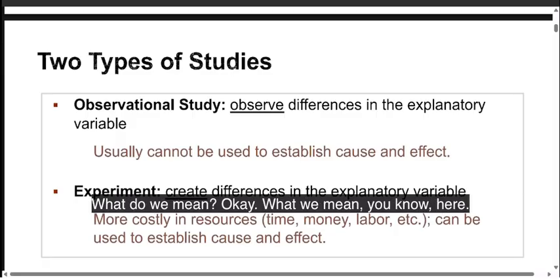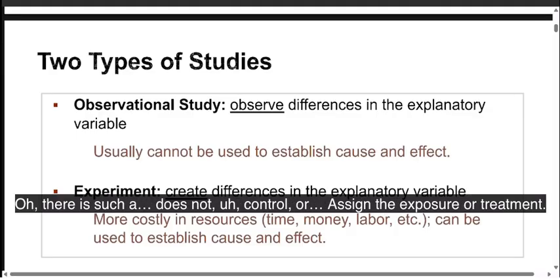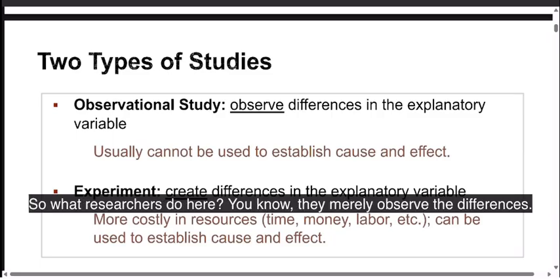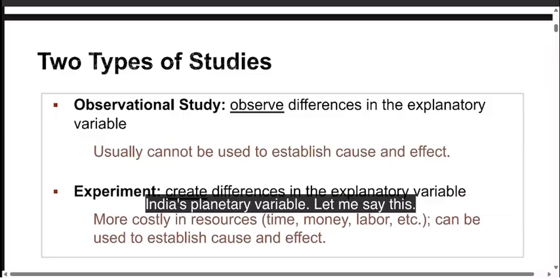What we mean here is that the researcher does not control or assign the exposure or treatment. Researchers merely observe the differences in the explanatory variable.